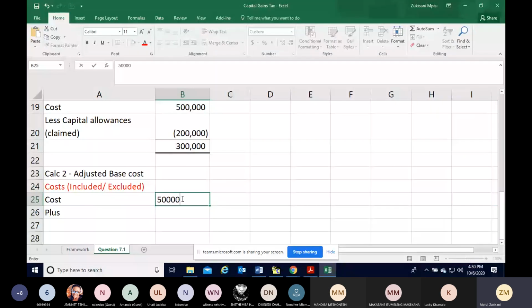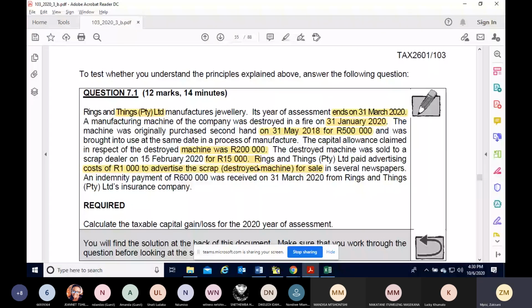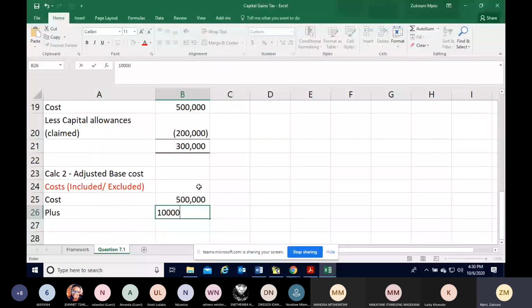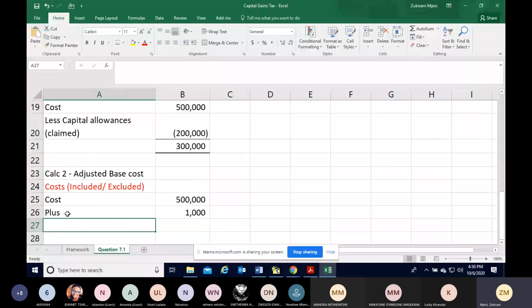And we are told that for this machine to have been sold by a scrap dealer, the advertising cost amounted to 1,000 to advertise the scrap. And we know that advertising is part of the inclusions in the base cost. Therefore, this 1,000 is added.